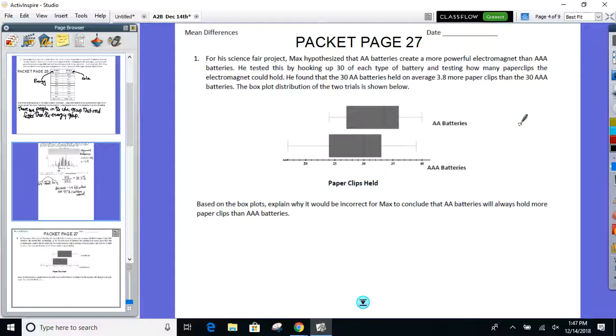If they did actually hold more, what would you notice about this box and whisker for the AAs? It would be completely ahead of the AAA batteries, right? So why is it incorrect? Because there are AAA batteries that hold more paper clips.